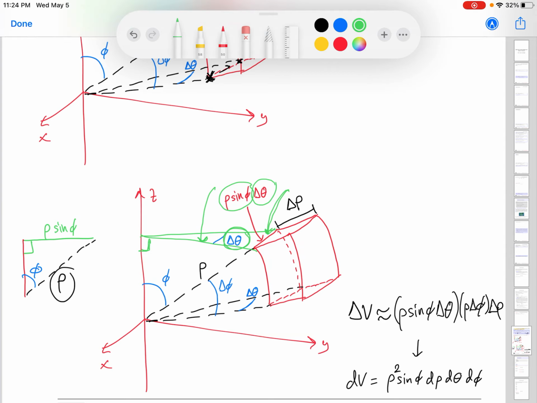S equals r theta. So this s length right here is the radius, which is rho sine phi, times the angular change, which is delta theta. So now I have the length of the back end of this wedge, and as I've drawn it, it's the same length over here.